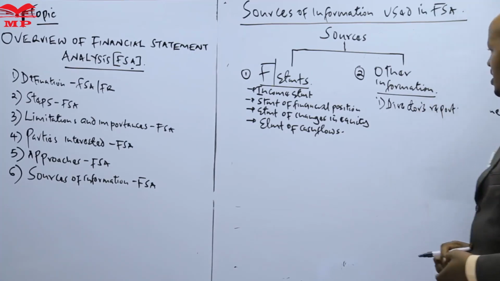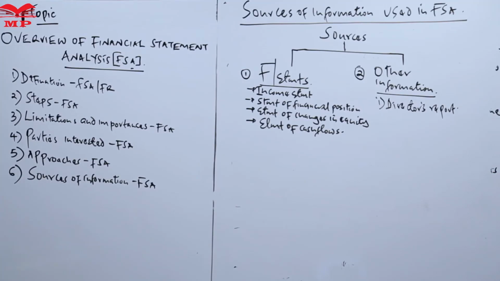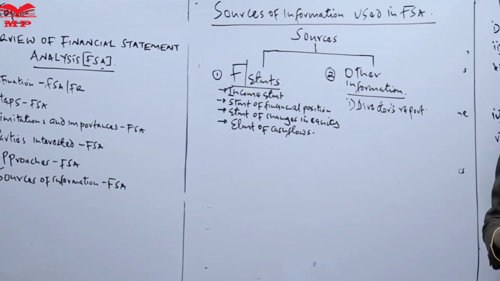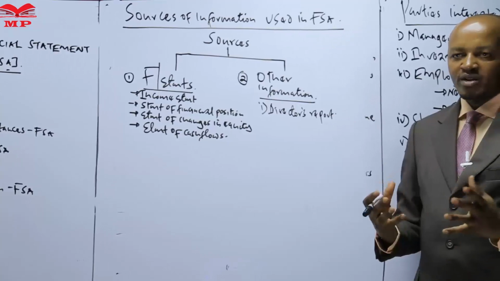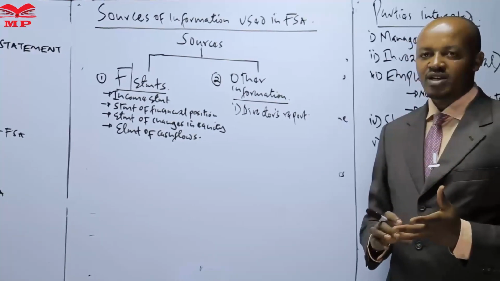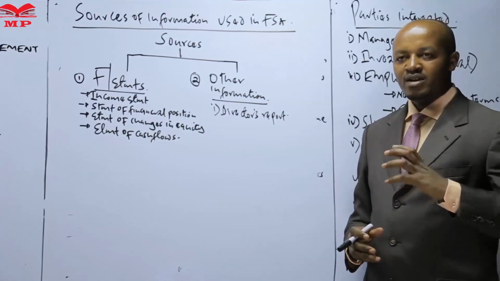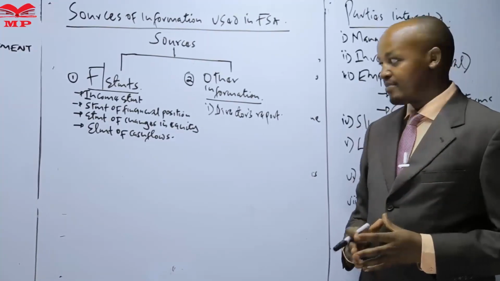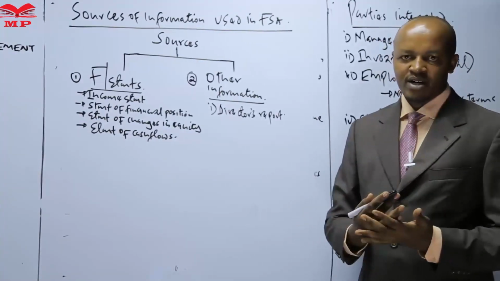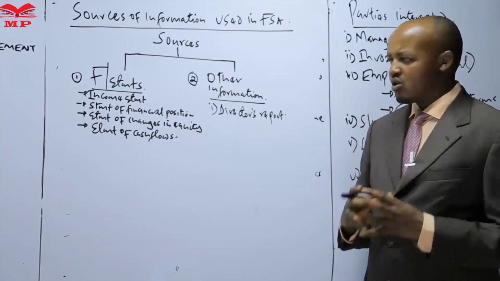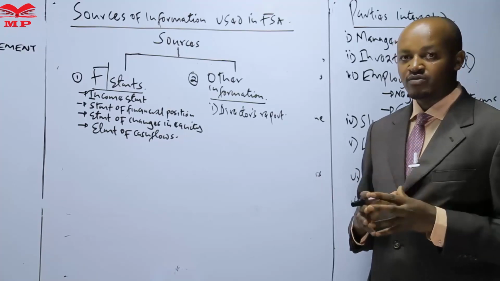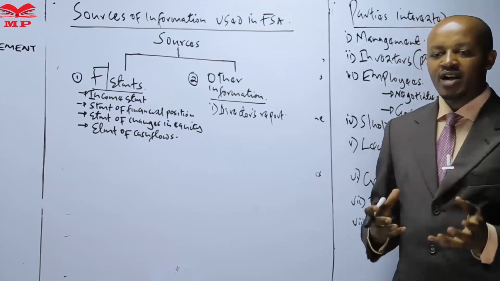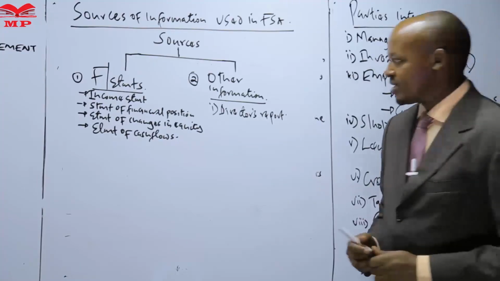This is a report compiled by the directors of the company, and in it they highlight various aspects of the company. For example, the dividends they are proposing to pay to the shareholders. They will also highlight some developments which occurred in the company, for example, if the company opened a new branch in the course of the year. All those aspects will be mentioned in the director's report, and that information is very vital when it comes to doing the financial statement analysis.